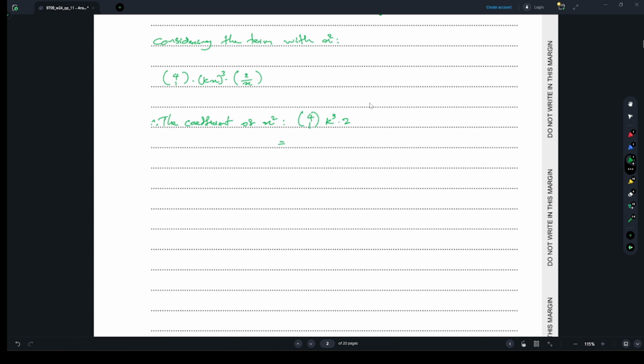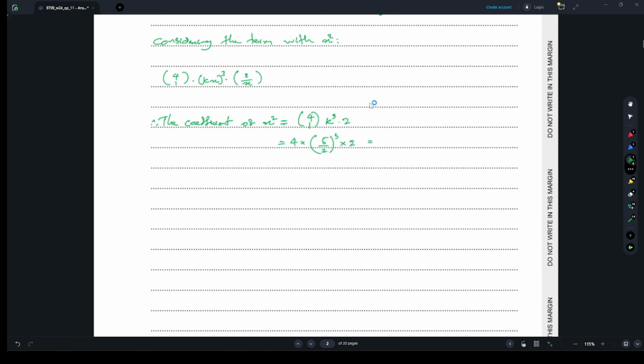So we found already the k value. So 4c1 is 4 times k, which was 5 over 2, cubed, times 2. So in this case it's 4, 5.